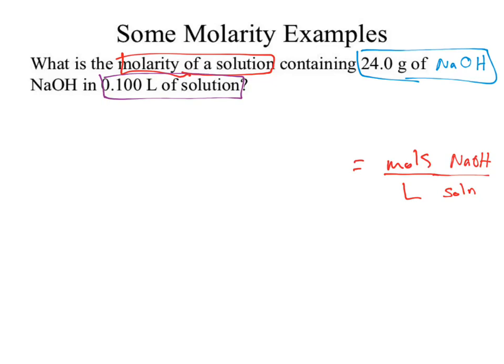Sweet. So we can insert this immediately into our solve. Where do I want the liters of solution to show up? On the bottom. What is the number associated with that? 0.100. What number shows up in the numerator? Grams of NaOH.